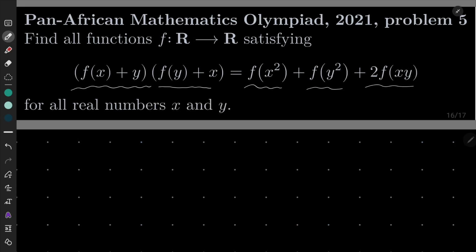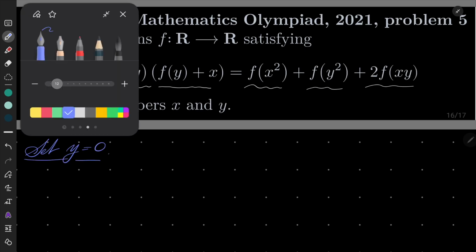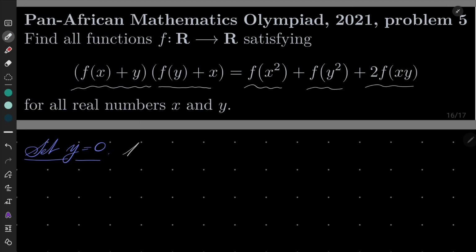Okay, so as I suggested, let's start by setting y to be 0. What happens then? Then we have the following: f(x + 0) times f(0 + x) equals f(x)^2 plus f(0)^2 plus 2 f(0).